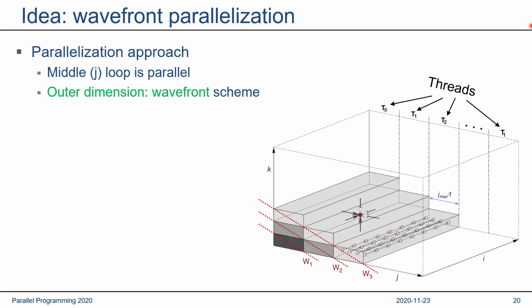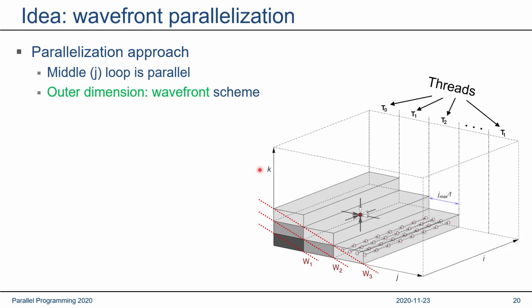The idea that we employ here is called wavefront parallelization. Now, usually if you parallelize something with multiple loop levels with OpenMP, you choose the outer loop, which would be the K loop in our case. However, in this wavefront approach, the actual parallel loop is the J loop. So we chop the J loop into chunks, and there are as many chunks as there are threads running in the problem.